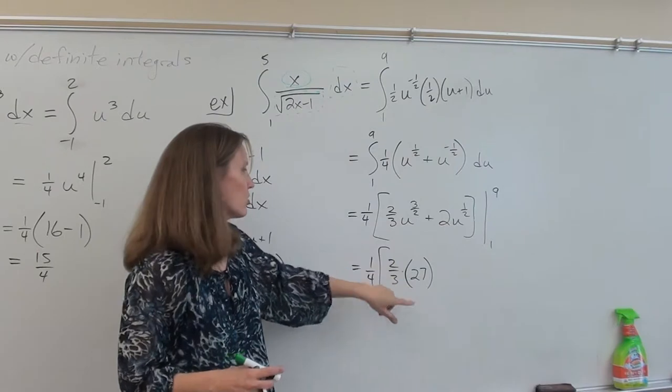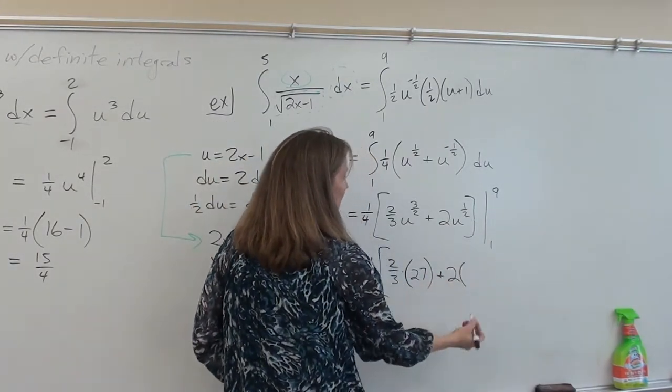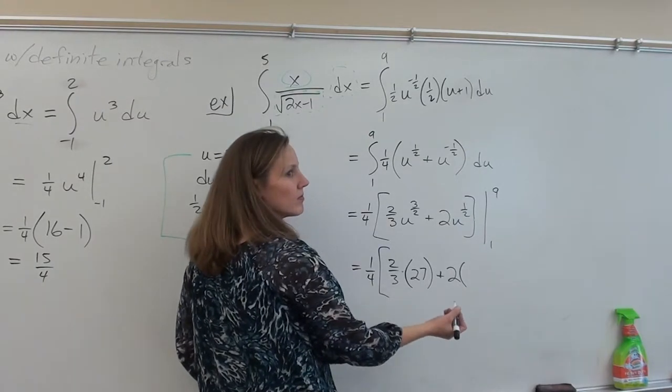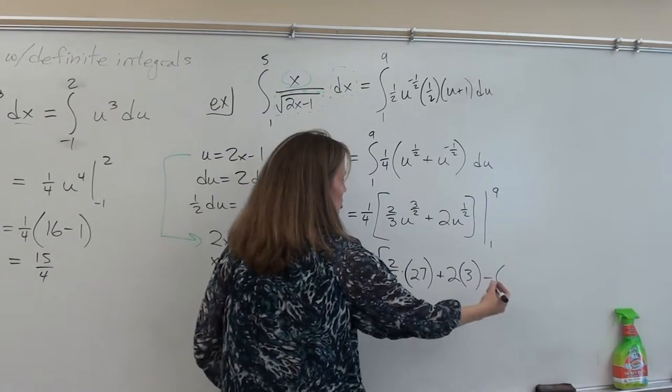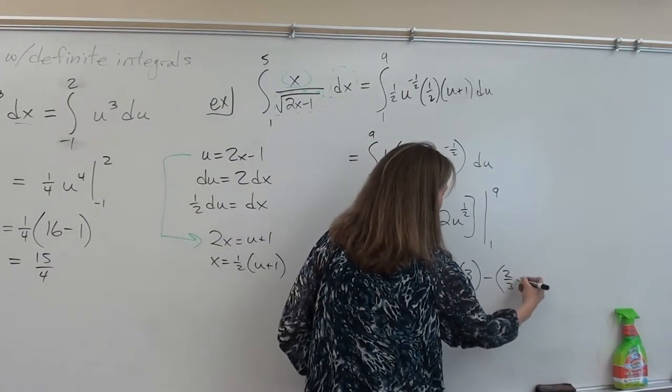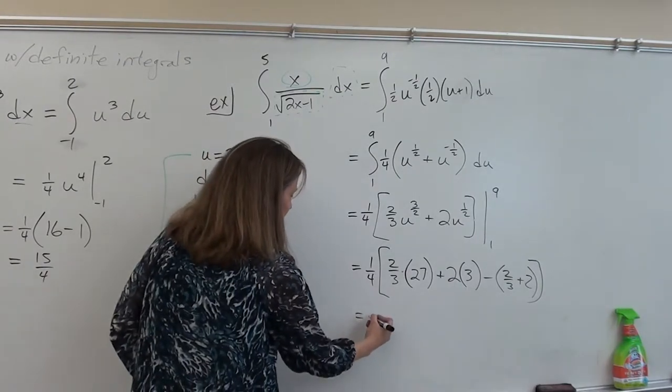All right, so you get 27, plus 2 times, what's 9 to the 1/2? 3, minus the quantity 2/3 plus 2. Alright, it's fun with fractions.